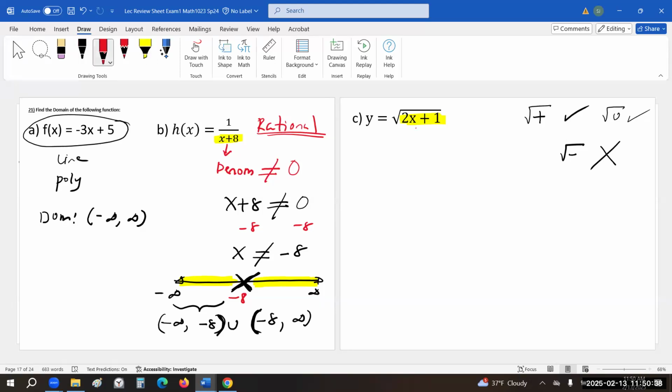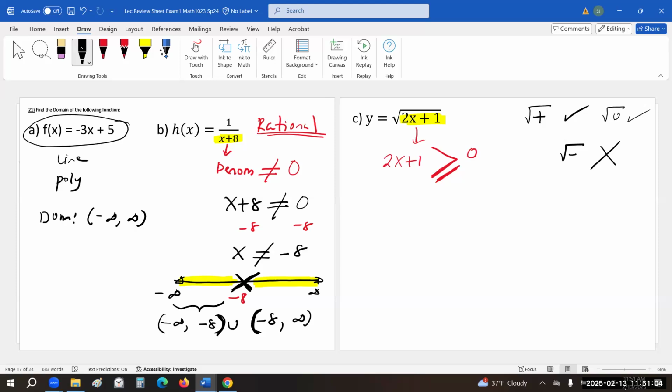So we take this 2x plus 1 and we say, well, that expression can be bigger than 0, no problem with that. It can be equal to 0, no problem with that. So we start from the condition that the expression can be positive or can be 0. And then we solve for x.